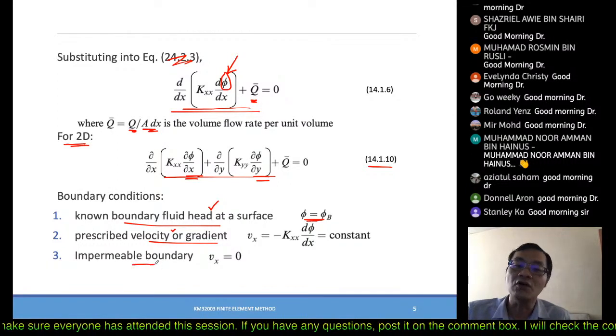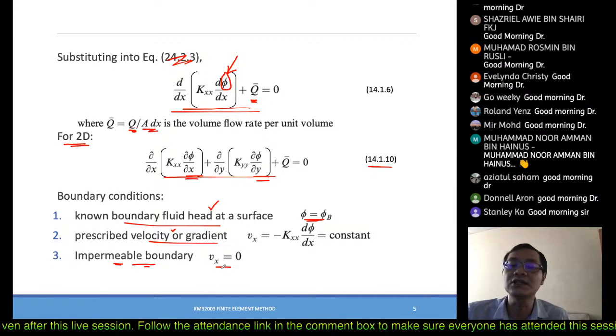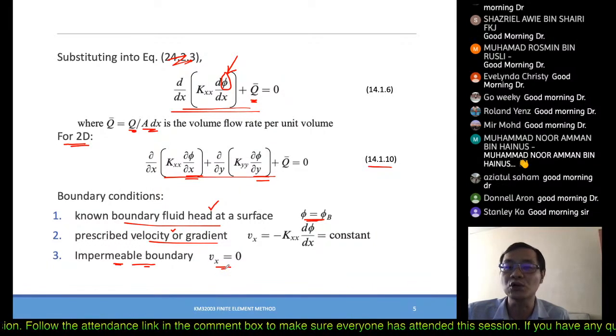And also for a surface where there is no movement of fluid, we can define that as an impermeable boundary, where the velocity going in and out should be equal to 0.